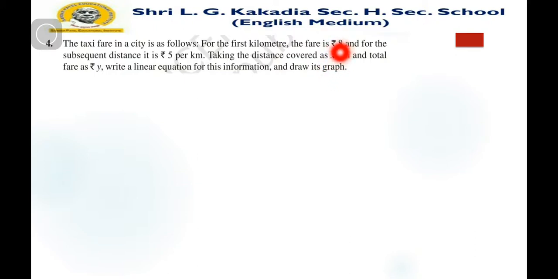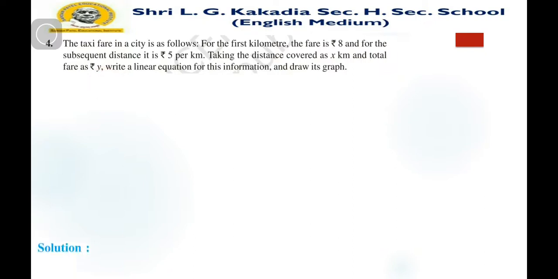That is 8, and the remaining distance will be x minus 1, and we multiply it with 5. So 8 plus (x minus 1) into 5.